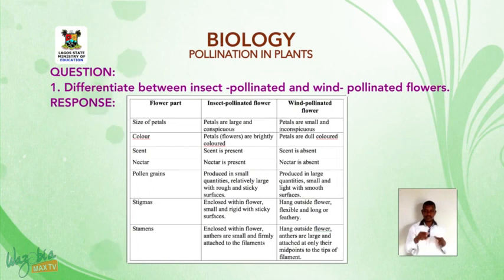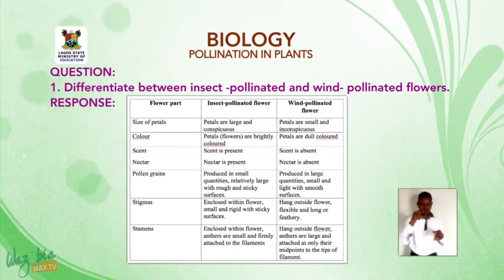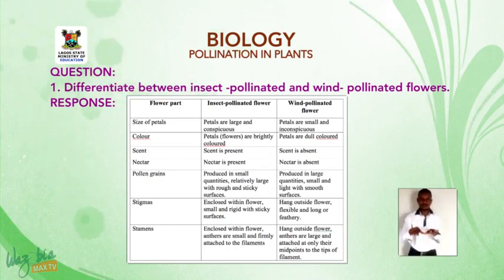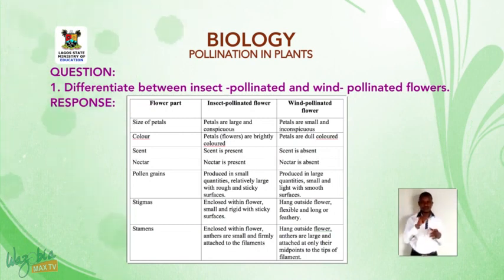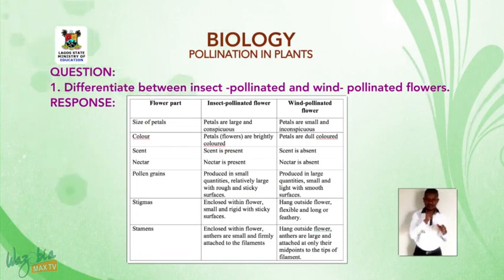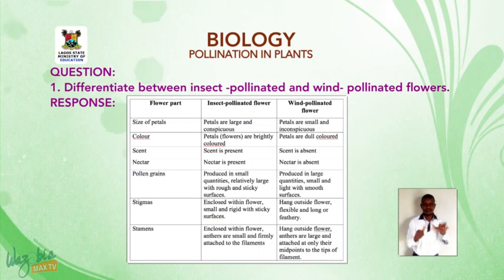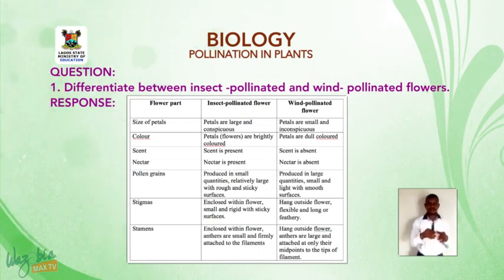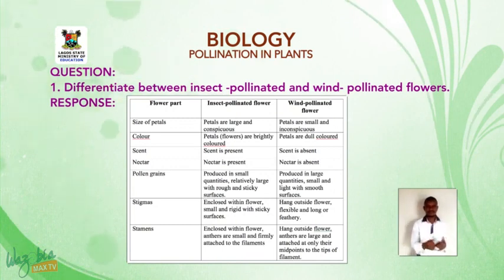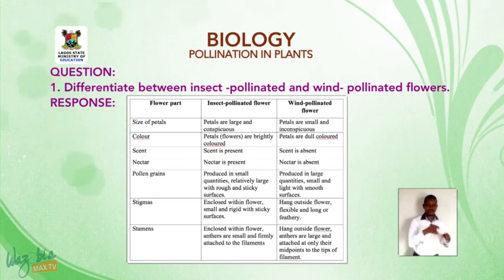Under flower part, color. Under insect-pollinated flower, petals are brightly colored. Under wind-pollinated flower, petals are dull colored. Under flower part, scent. Under insect-pollinated flower, scent is present. Under wind-pollinated flower, scent is absent. Under flower part, nectar.